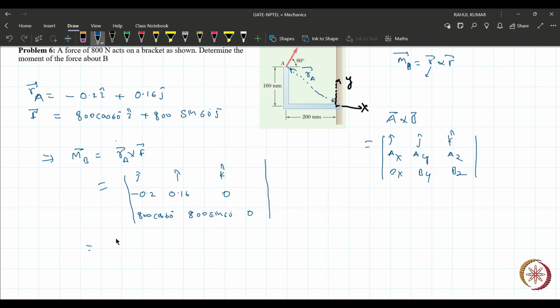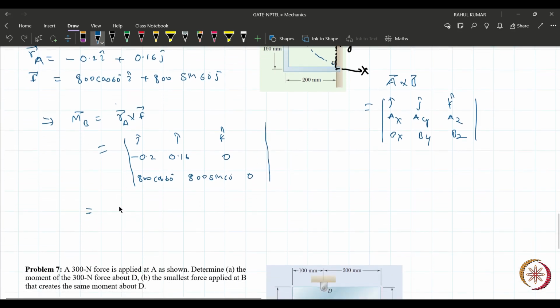When you solve it, what will you get about the I component? See, everything will be 0, right? Delete the row and column, you will multiply these and get 0. Minus j, delete the row and column, what will you get? This multiplied by this minus this multiplied by this, again you will get 0. Plus k, what will you get?